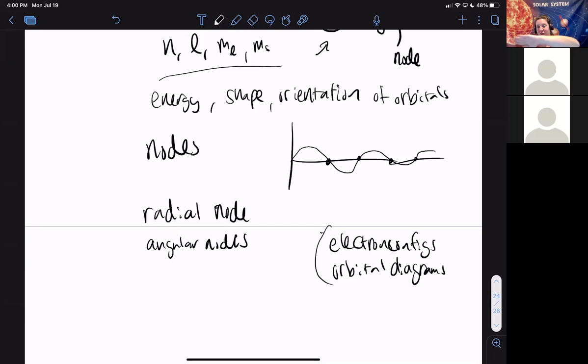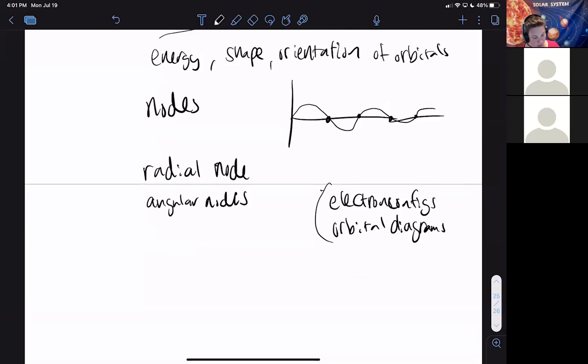If we're starting here and then they split out in energy, it's going to cause overlap within our electron configuration and within our energies of our orbitals.